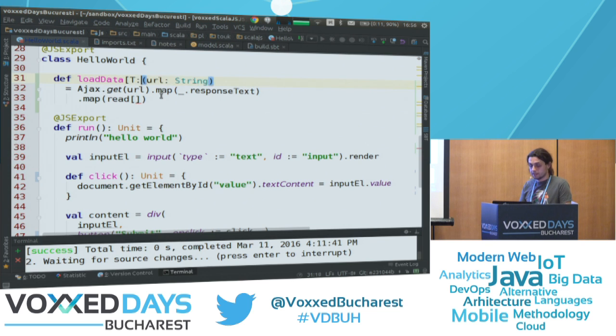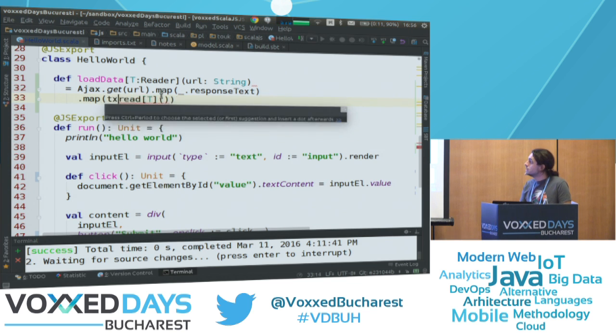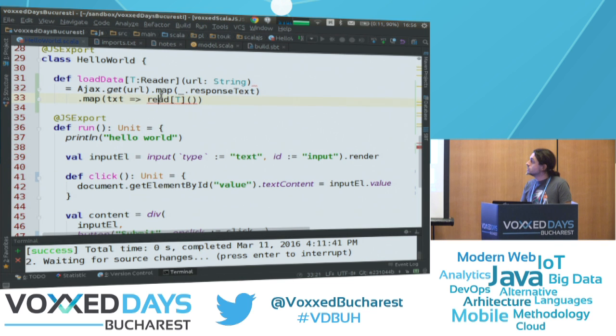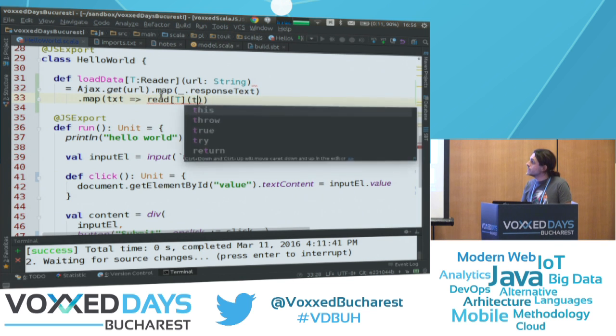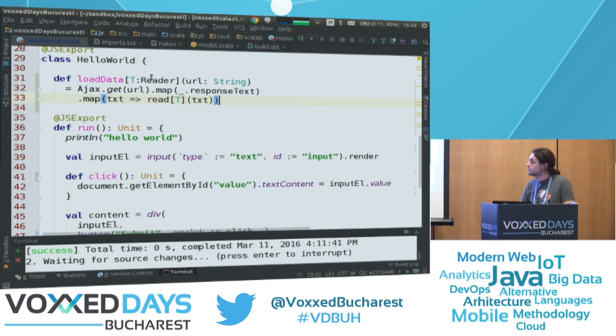And as I said, it's based on macros, so it can extract type information, provided that we give it some extra type level information. It can extract all the necessary fields and stuff like that, and create the object that we want.